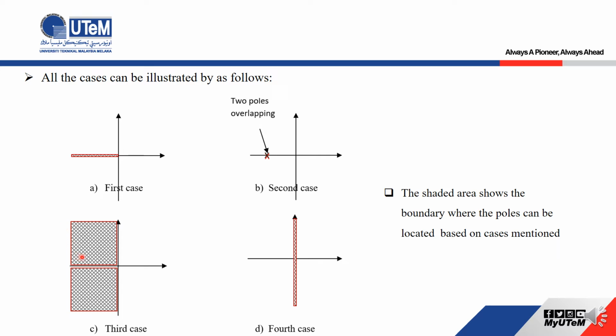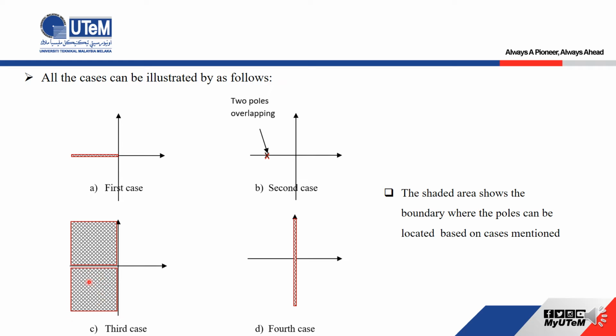Next, for the third case, the system is in an underdamped condition. In this case, both poles are located at the complex conjugate, at this area and this area.